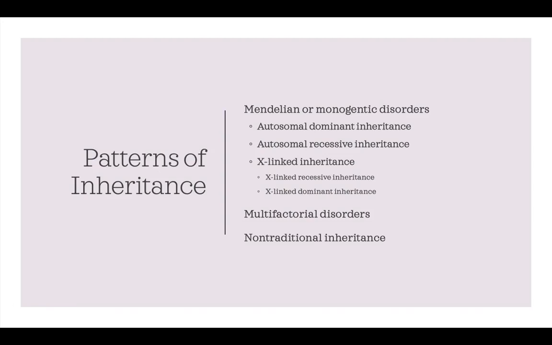Mendelian disorders, named after Dr. Mendel, who used peas to study genetics, and monogenic disorders, are disorders caused by variations in a single gene and are typically recognized by their striking familial inheritance patterns. And these are going to be our autosomal dominant, autosomal recessive, and X-linked inherited diseases. Sickle cell anemia and cystic fibrosis are some of the common autosomal recessive diseases that we think about.